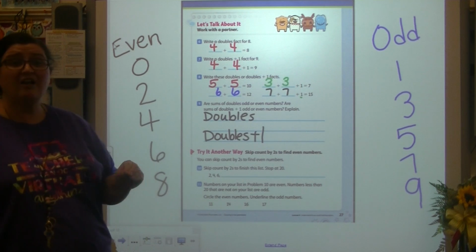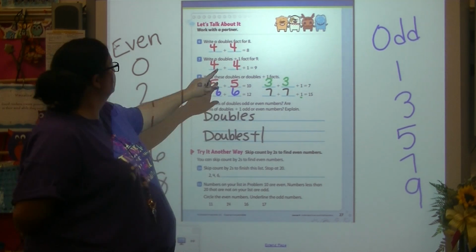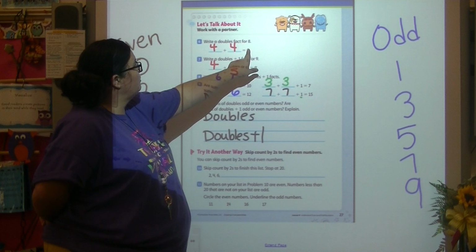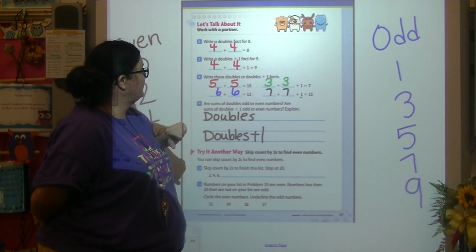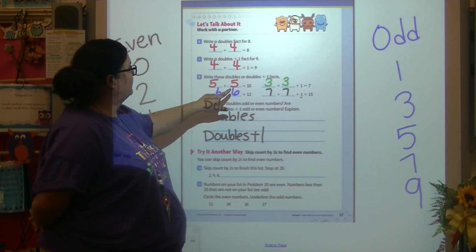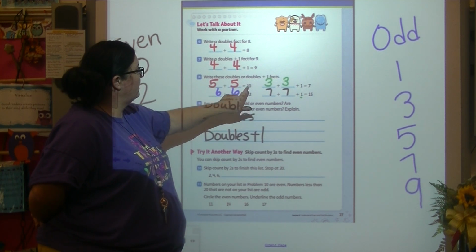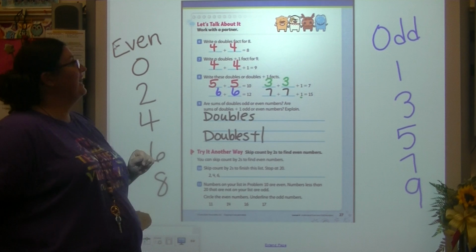All right, so let's look at all of our doubles facts. 4 plus 4 equals 8. 5 plus 5 equals 10. 6 plus 6 equals 12. We've got 12, 10, and 8.